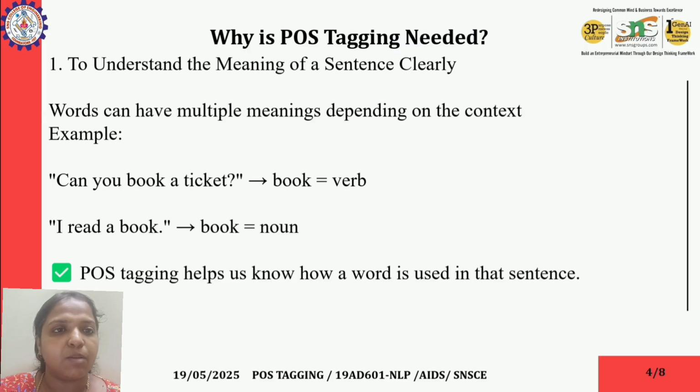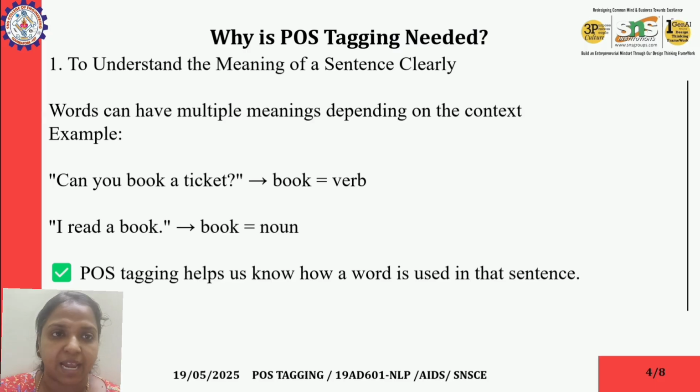Let me give you another example. If I say the word can, what comes to mind? Mostly we think can is a verb, as in I can do. If it acts as a verb, its meaning is totally different. But the word can also act as a noun, a naming noun. The system is not able to understand whether the word can is acting as a noun or a verb.